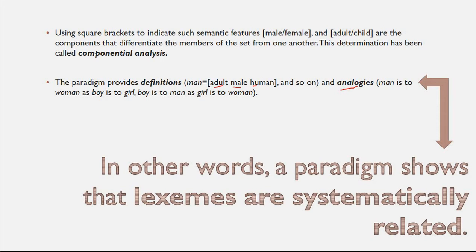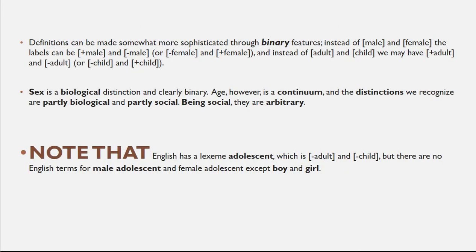So let's go on. The definitions can be made somewhat more sophisticated through binary features instead of only male and female. The labels can be plus male and minus male, or minus female and plus female. And instead of only adult and child, we may have plus adult and minus adult, or minus child and plus child. Sex is a biological distinction and clearly binary.